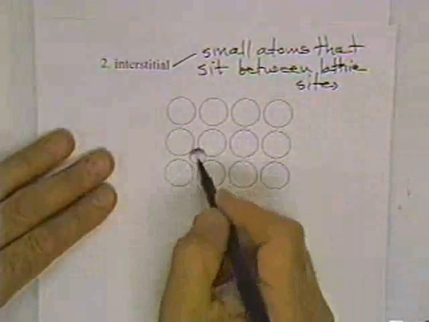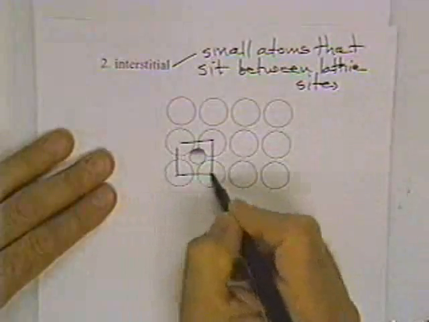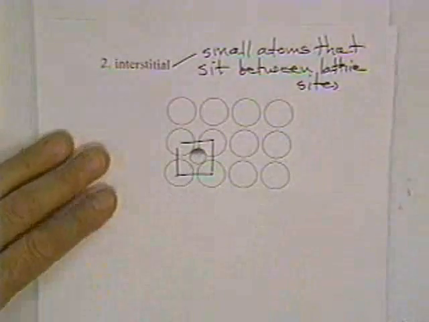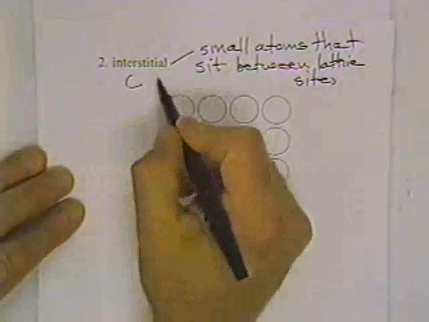And I've tried to represent this by this atom right here. So if we can think of this as a 2-dimensional one, this little interstitial atom fits in between. Now there's only a relatively few number of atoms that are interstitial.